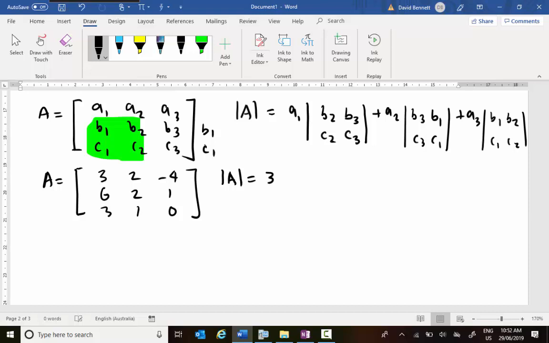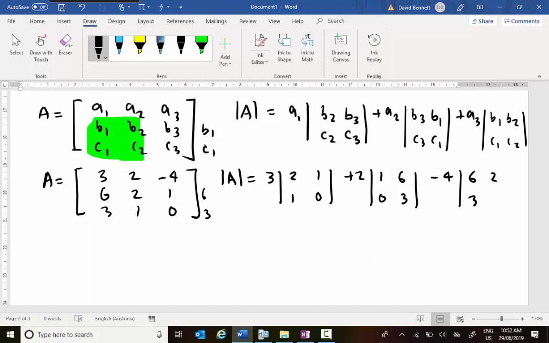It's going to be 3 by the determinant of 2, 1, 1, 0. Now it's going to be plus 2 lots of, and remember I write my 6 and my 3 over here, so it's going to be 1, 6, 0, 3. When you get good at this stuff, it's just systematically doing the same thing, and then it's going to be 6, 2, 3, 1.